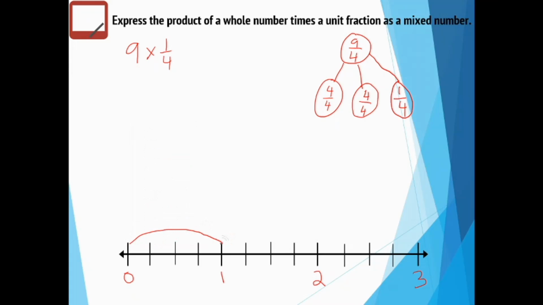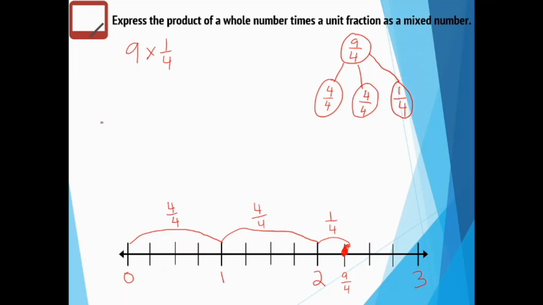And then we have another 4/4 that equals one whole. But then we have this 1/4 left over, right? So I'm going to put a little dot here. So this is 1/4. And this was 4/4 and 4/4. So this point equals 9/4, right? So hopefully you did something like that.